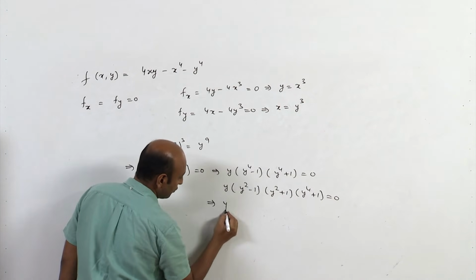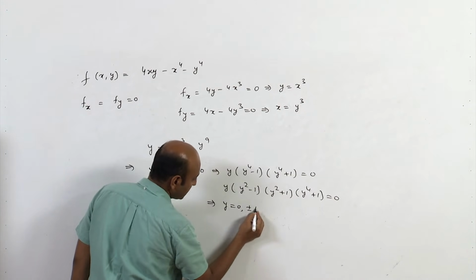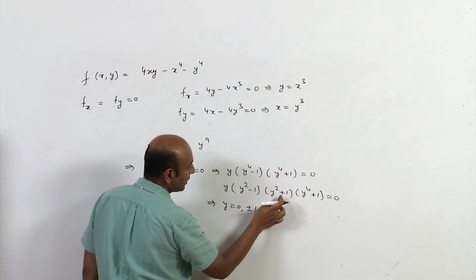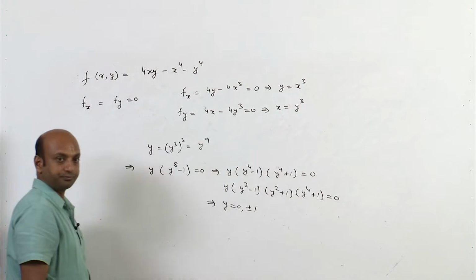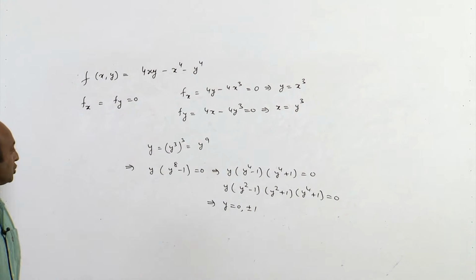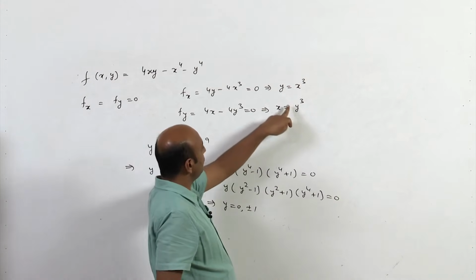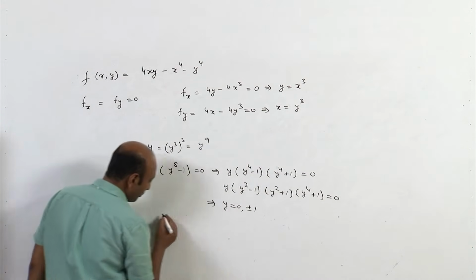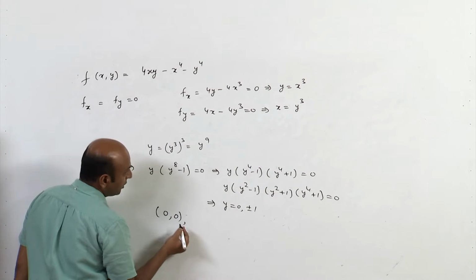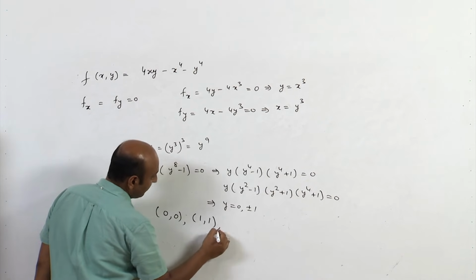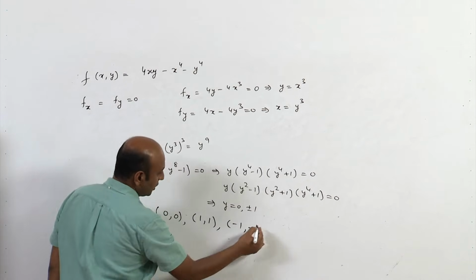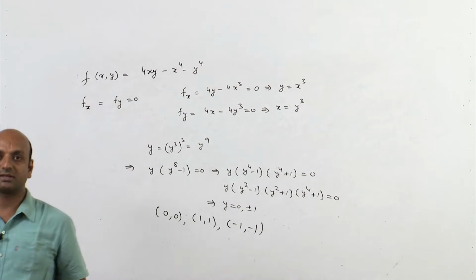This implies y equals 0 or plus minus 1, no real y from the last factor. When y is 0, x is 0. So points are (0, 0), (1, 1) and (-1, -1). These are the three critical points.